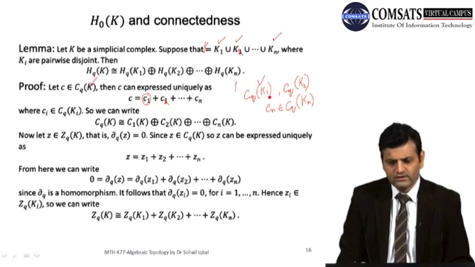So K1 contains some q-simplices, K2 contains some q-simplices, and Kn contains some q-simplices.